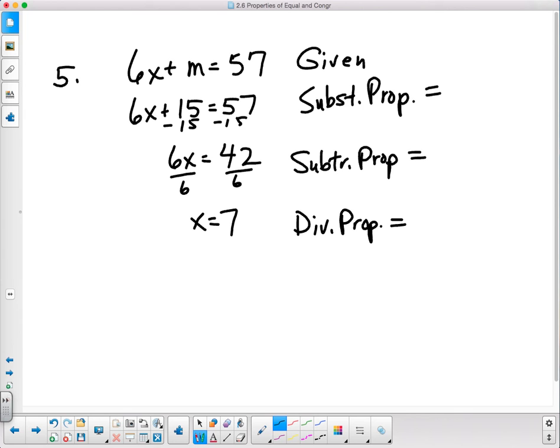So x equals 7. So that one, once we did the substitution, was no different than the earlier problems. So you do number 6 while I'm writing your assignment up on the board here. You're given an equation on 6. Your first step should be the substitution property. And then do your solving steps after that.